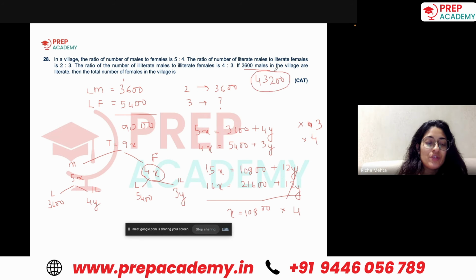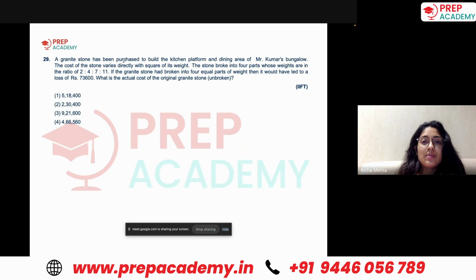Fine. Moving to the last question of this sheet. A granite stone has been purchased to build the kitchen platform and the dining area of Mr. Kumar's bungalow. The cost of the stone varies directly to the square of its weight.